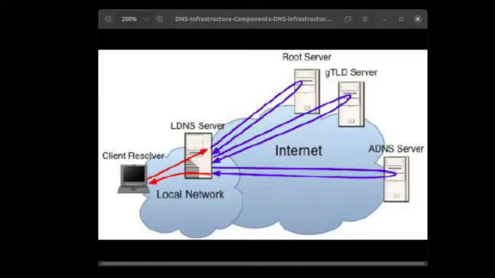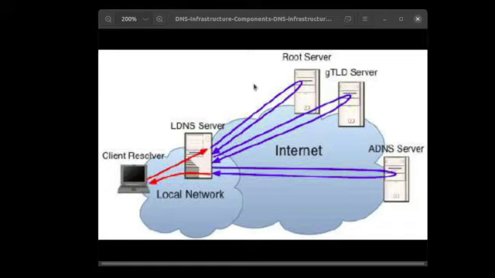They only understand the IP addresses, which are these. So we need the DNS server, which converts the IP address to, for example, google.com.